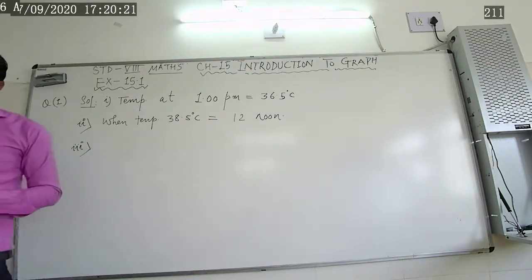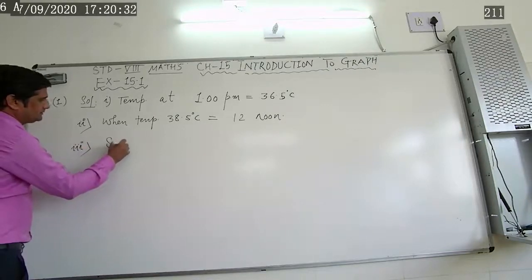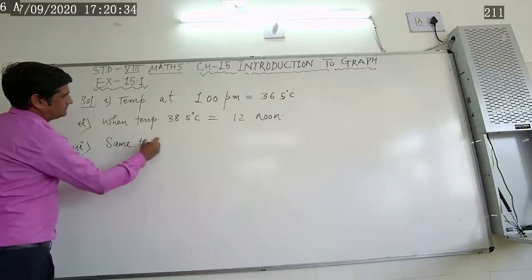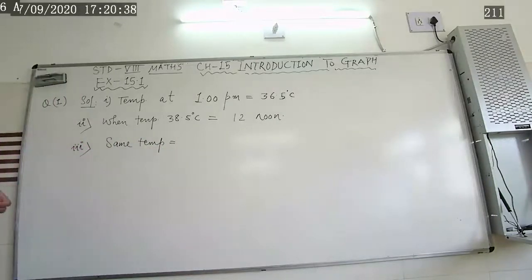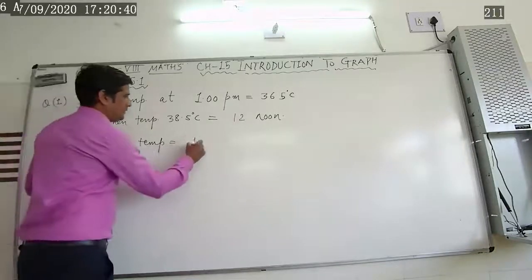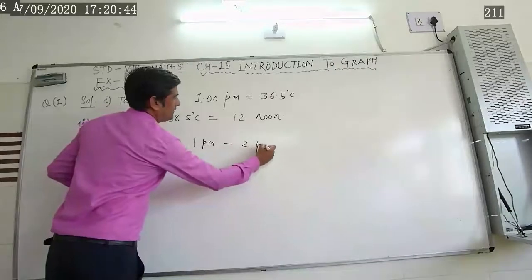Then third part here. The patient's temperature was the same at 2 times during which period? The time at which the temperature is the same is 1 PM to 2 PM.